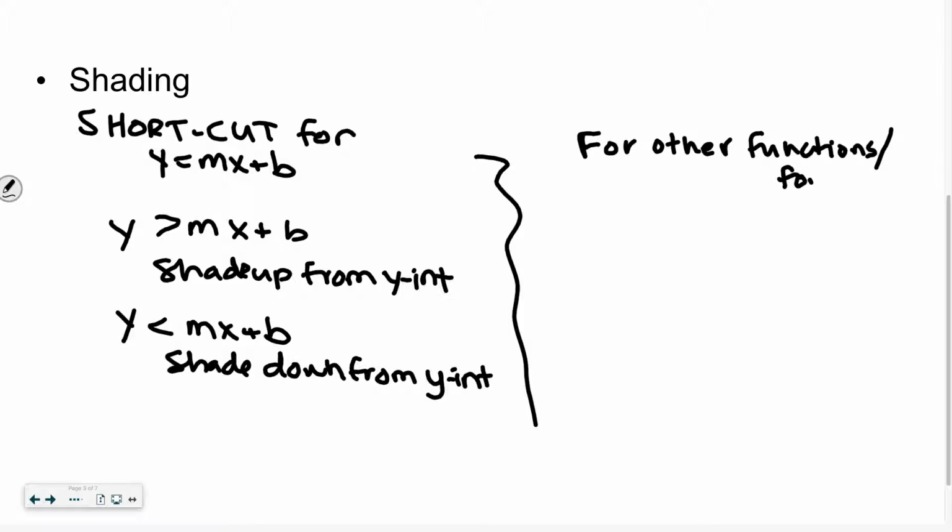Rather than memorize a whole bunch of shortcuts for other functions, because things get a little bit tricky there, and for other forms for the equation of the line, because you have to pay attention to positives and negatives, what I'll say is for all other functions or forms, whether they're lines or not lines, I would use a different strategy for deciding where to shade, and that's called using a test point.